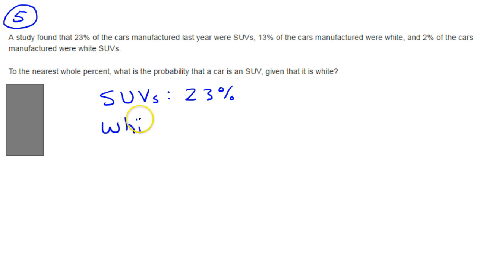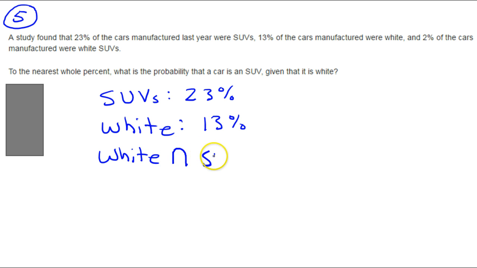Okay, so white cars, that's 13%. 2% of the cars manufactured were white SUVs. Okay, so white and SUV, that's 2%.